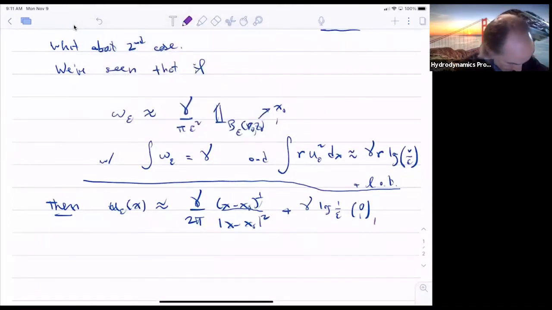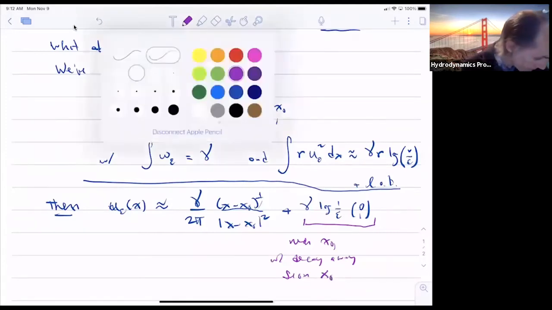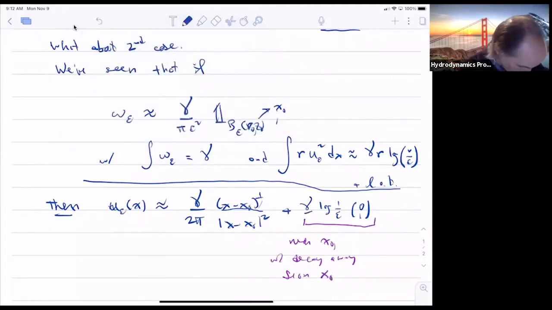and so this is near x naught with decay away from x naught, and there was the 1 over 4 pi also from, and there was a sign that I may have gotten wrong.